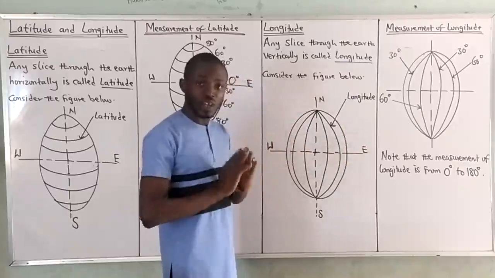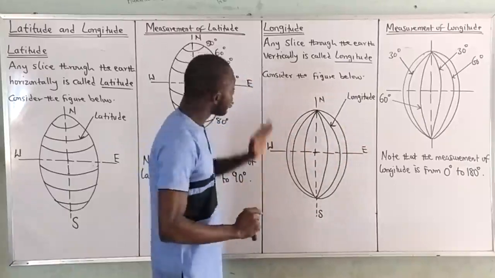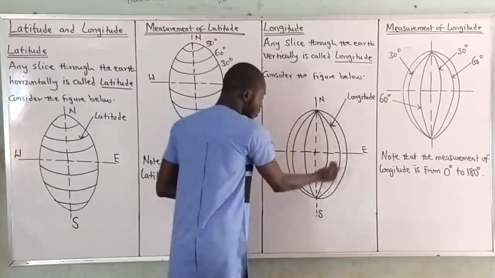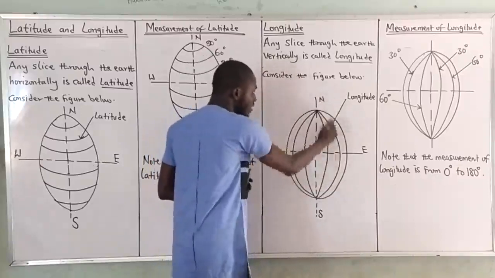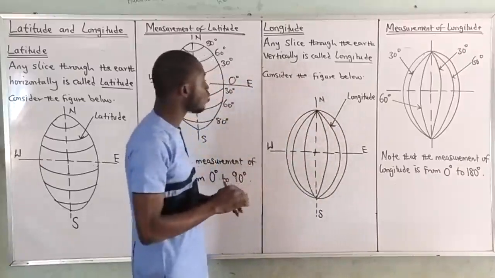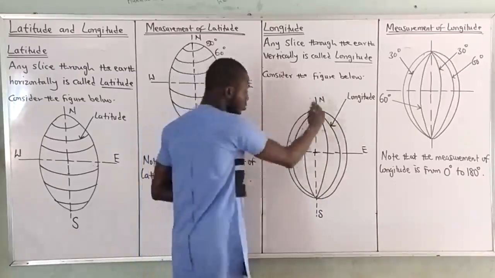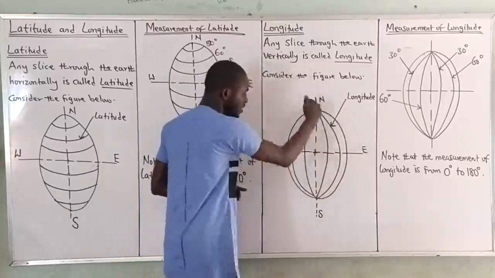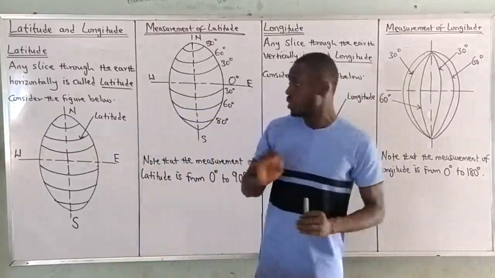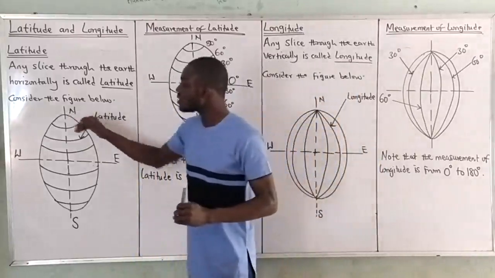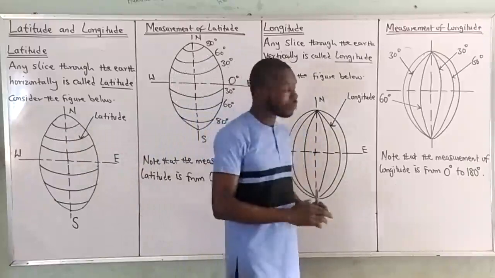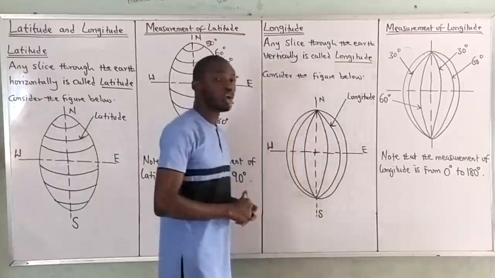But something is very clear: longitude is a vertical slice on the earth's surface, while latitude is a horizontal slice on the earth's surface.